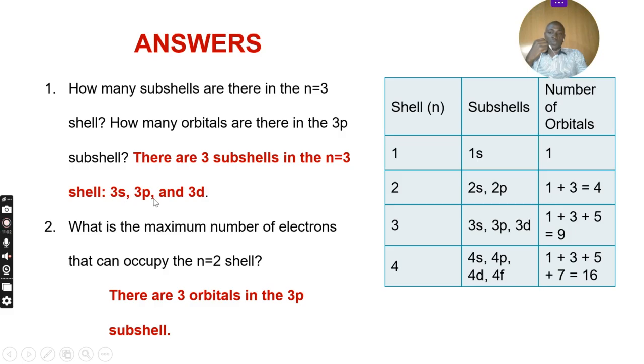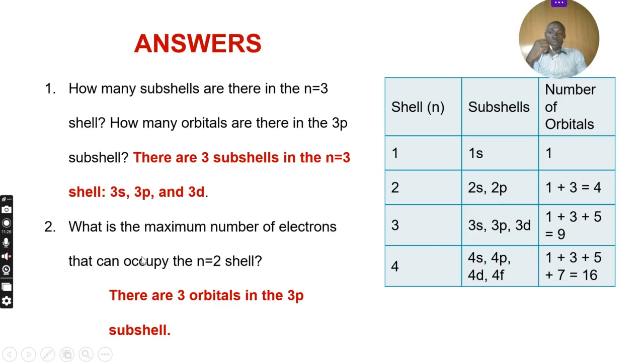That's the 3s, the 3p, and then the 3d. Remember, when n equal to 3, there are 3 subshells. When n is equal to 1, there is 1 subshell, which is the 1s. When it's equal to 2, there are 2 subshells, which is the 2s and the 2p. As you can see here, I just brought back what we've done before.